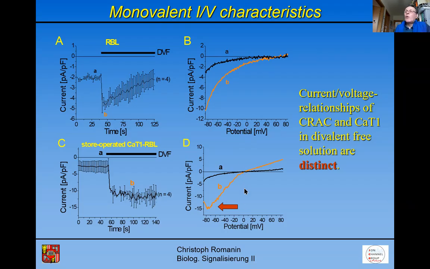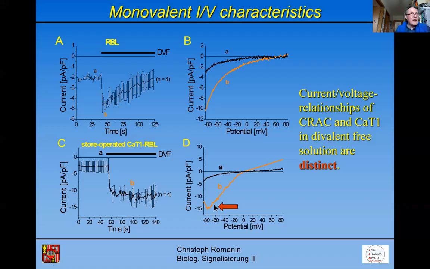So one point, when we rechecked the Nature paper, because they made similar experiments, what maybe was misleading is that they cut this current voltage relationship. They only presented it to a range of -60 millivolt. So they did not show this different behavior.